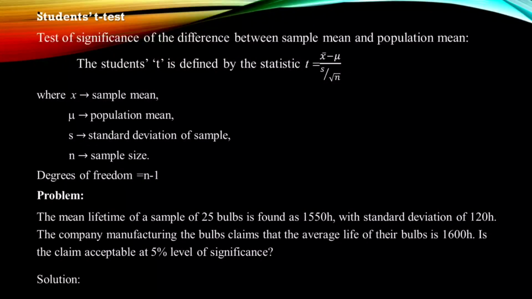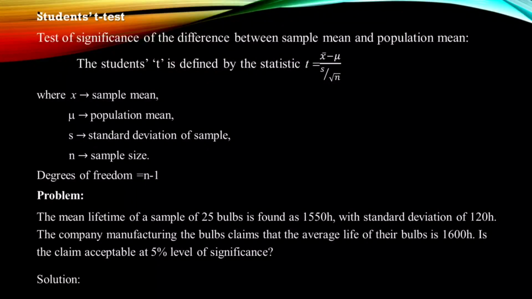The test statistic for this distribution is t equal to x bar minus mu by s by root n, where x bar represents the sample mean, mu represents the population mean, s denotes the standard deviation of the sample, and n is the sample size. Also, the degrees of freedom is given as n minus 1.